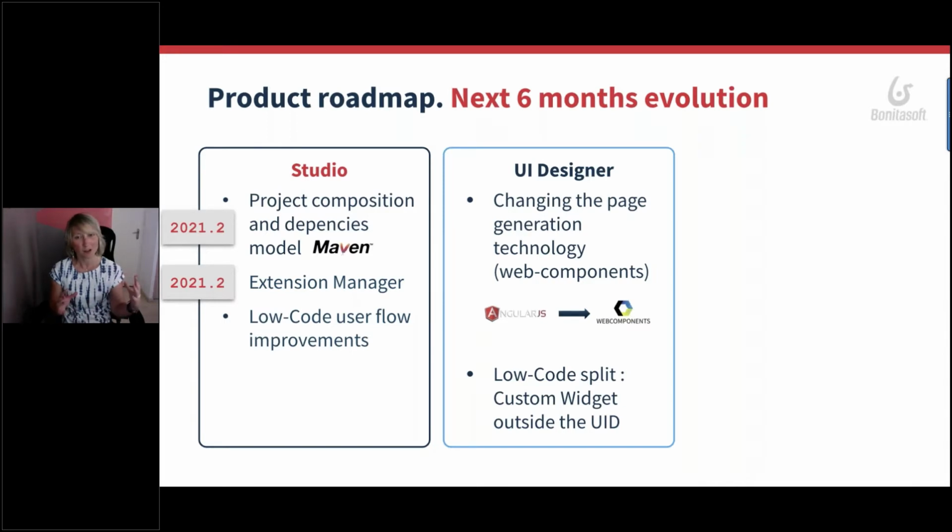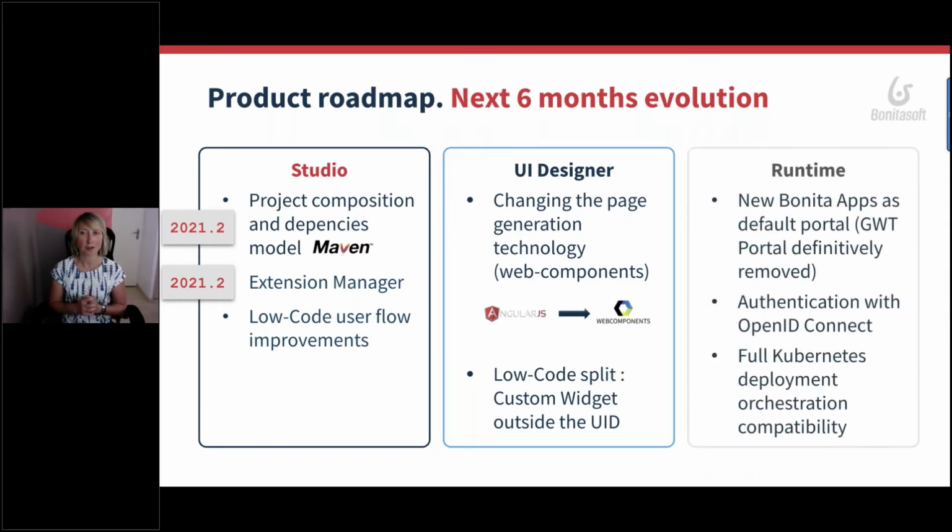Now we are progressively transitioning to web components and also making it as easy as possible for you to transition to that new technology as well. Second new evolution, related to the same topic in Studio, we are going to continue the low-code split and put custom widgets out of UI Designer.